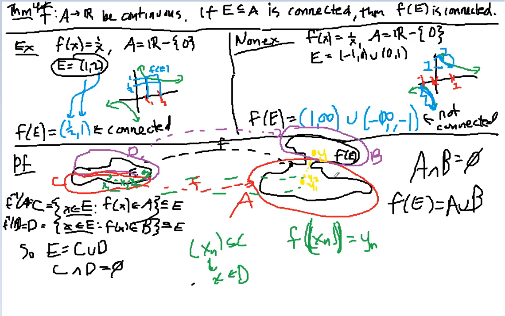Because I know for sure, maybe I'll do this in black, that x is in D. What does D mean?